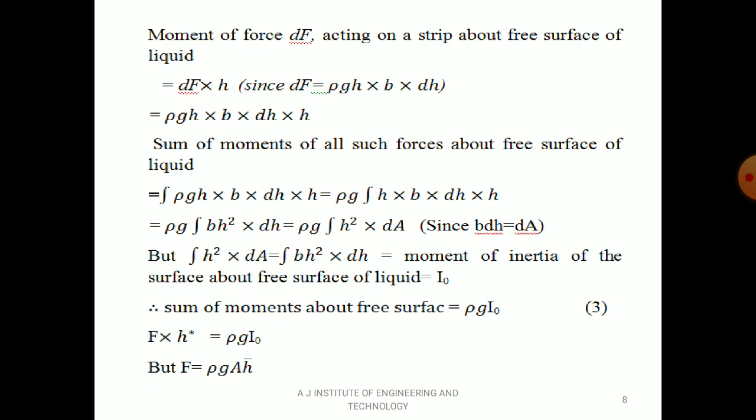So that is equal to rho g into, what is B into dH? B into dH is dA. So that is rho g into the integral of h square dA, since B dH equals dA. This integral of h square dA is actually the moment of inertia of the surface about the free surface of the liquid.